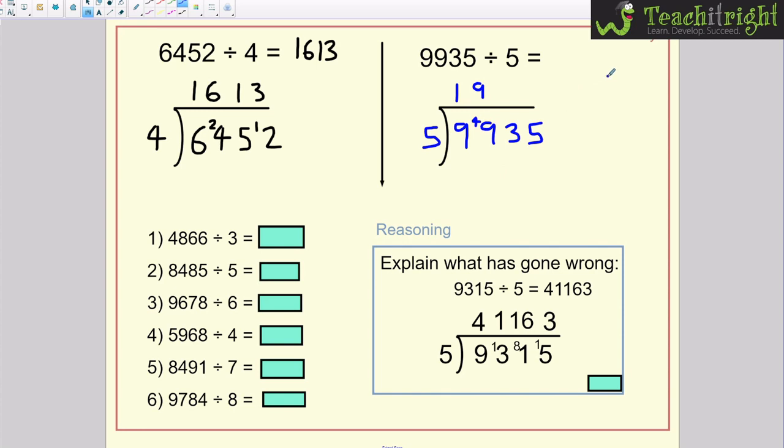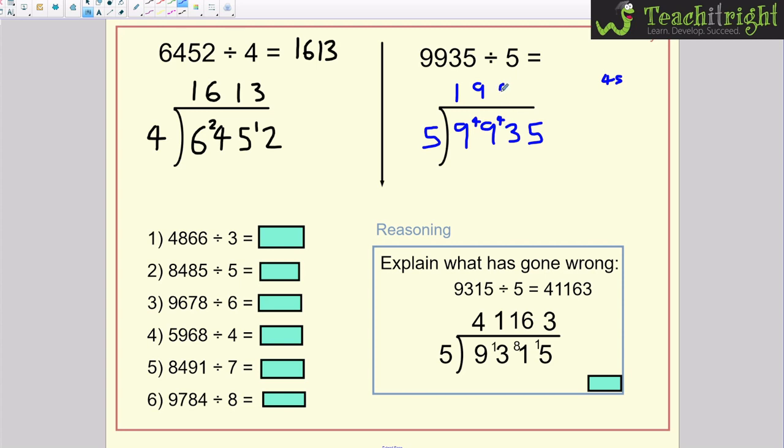If I need to, I could just jot it off in the corner, 45, that was what I've said, 5 times 9 is 45. So now I can ask myself, how many times does 45 go into 49? And what's the remainder? Well, the difference between those is 4, so 4 hundreds is the remainder, so I'm going to carry my 4 hundreds over to make 40 tens. So now I've got 43 tens in total. How many times does 5 go into 43?